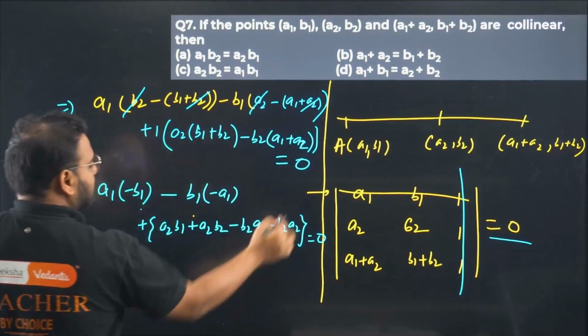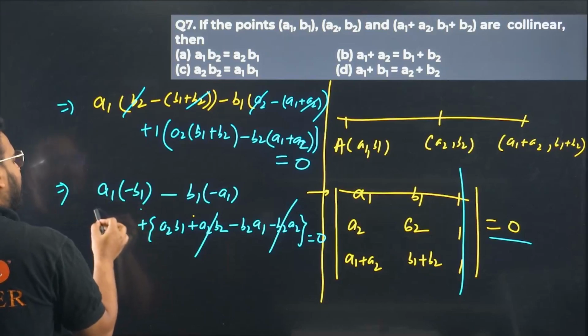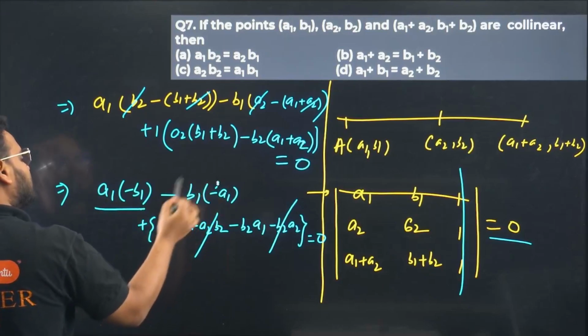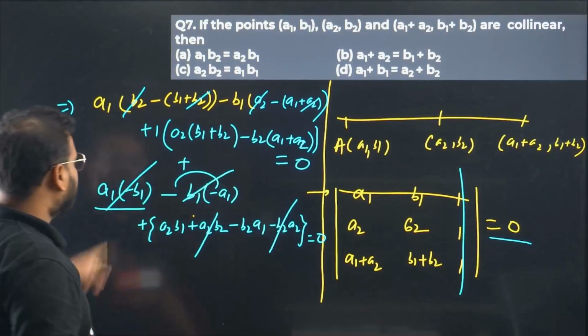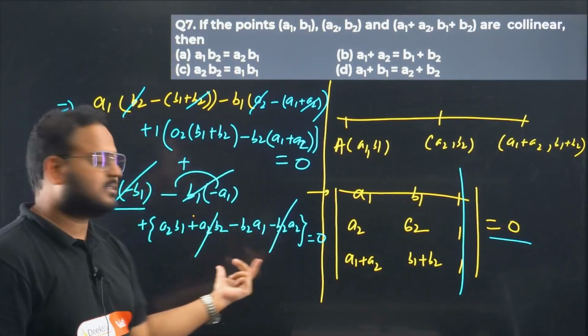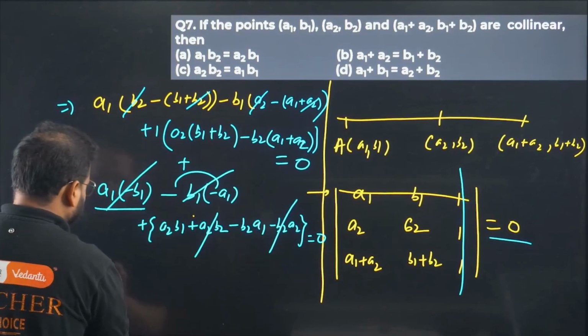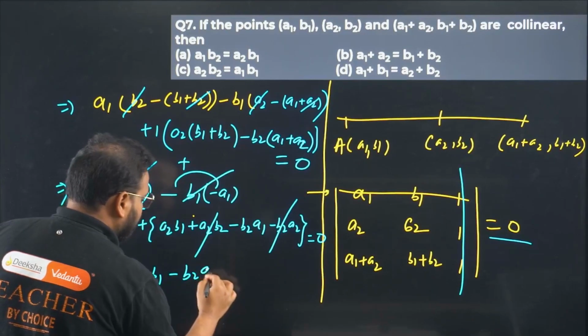Have a look, this B2A2 and this A2B2 cancel. Minus A1B1 and plus A1B1 cancel. My final answer is coming as A2B1 minus B2A1 equal to 0.